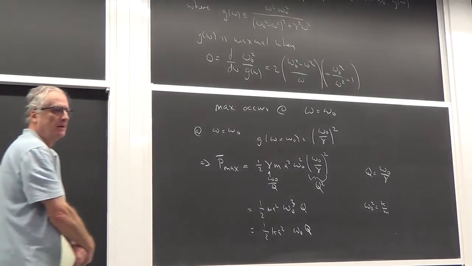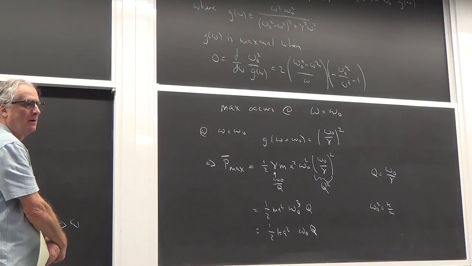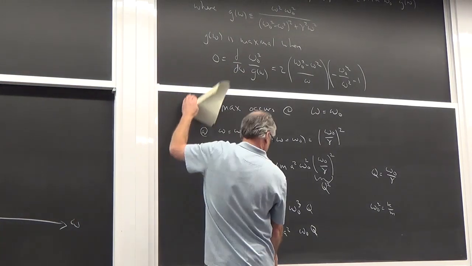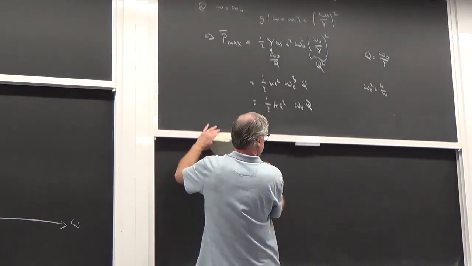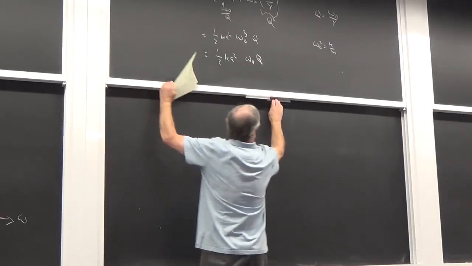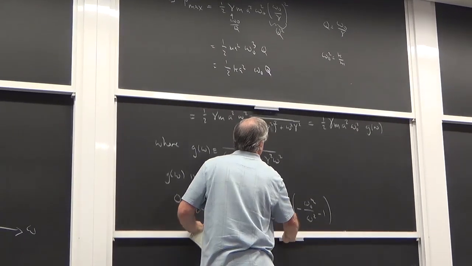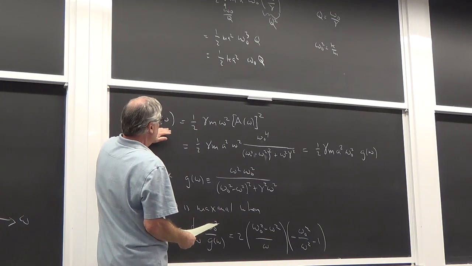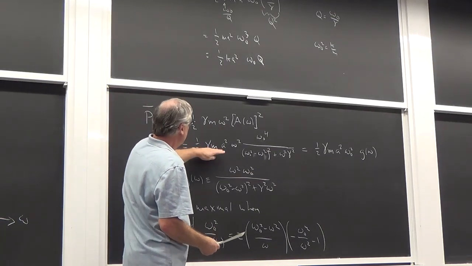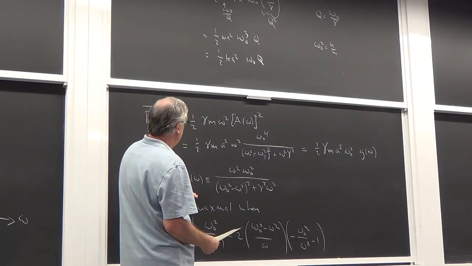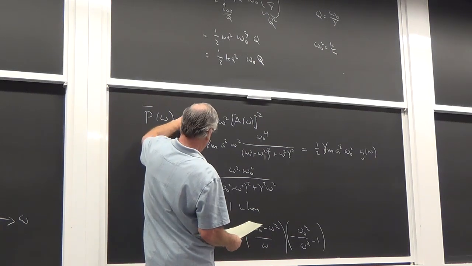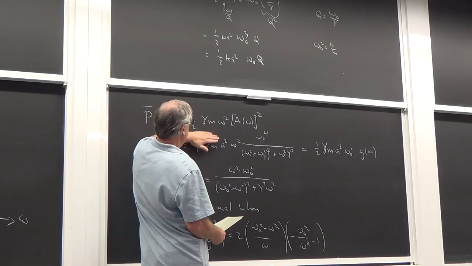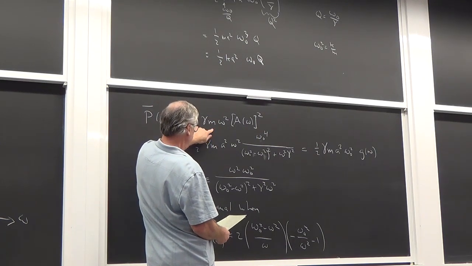What does G of omega physically represent? It is, down where you can see it. So I've just written out the power. All the G of omega is this piece of it. So there's some constant in front of the G of omega.